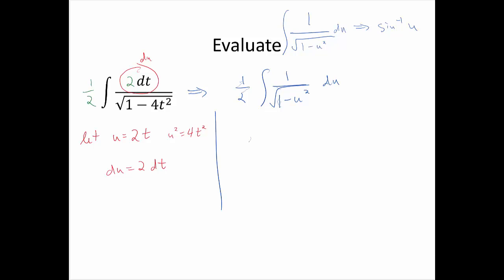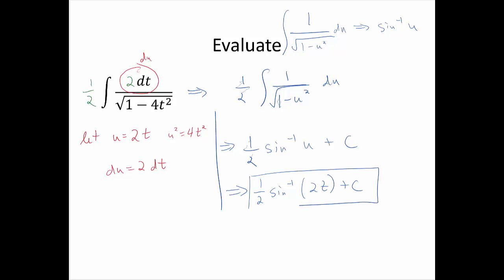So then this becomes 1/2 sine inverse u plus a constant. And so then, remember, we want to go back to our original variables. 1/2 sine inverse 2t plus a constant.